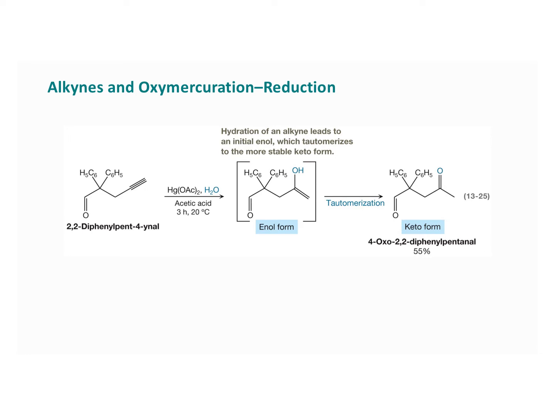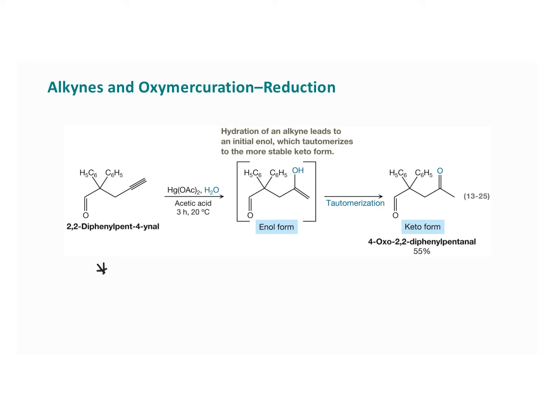However, just like we saw with the acid-catalyzed hydration of an alkyne, an unstable enol is initially produced. And so you get a subsequent tautomerization that converts the enol into the more stable keto form. And you can see that here.